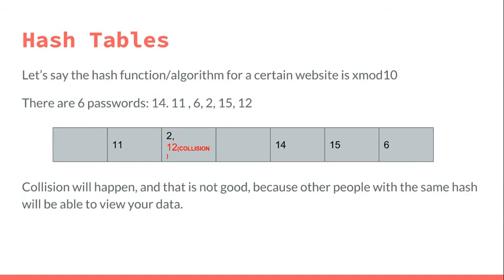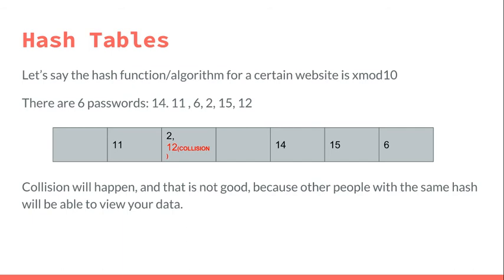Then 15 modular 10 is 5, which is the 6th box. And 12 goes on the 3rd box again. So you see that the 2 and the 12 are in the same box.